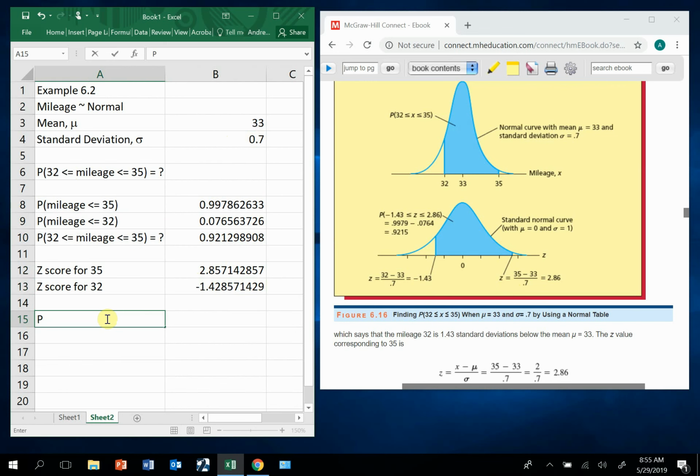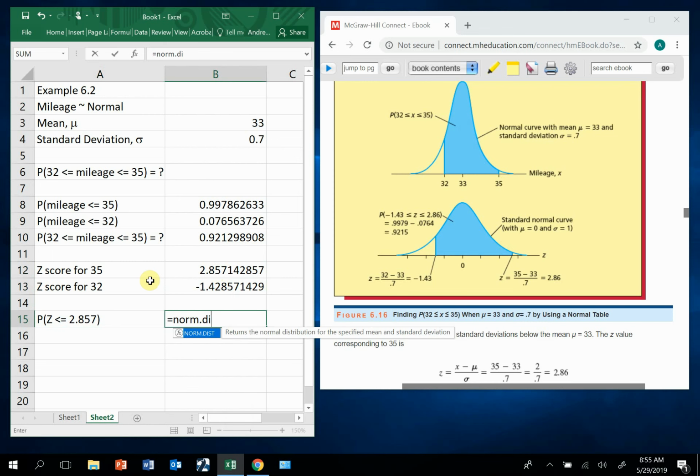You could look these numbers up in the back of the book, find the areas and subtract them, but I'm going to use the NormalDist. So the probability that z is less than or equal to 2.857 is NormalDist; I put in this number. On a standard normal, the mean is always 0, the standard deviation is always 1, and the last argument is always 1.